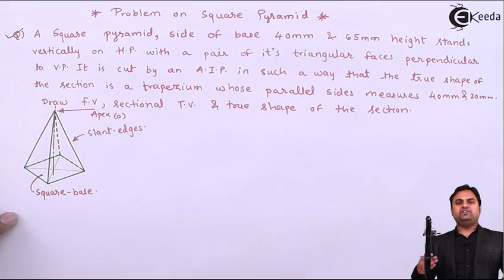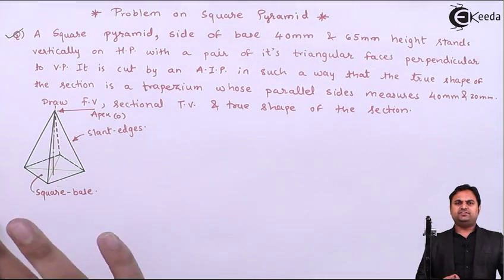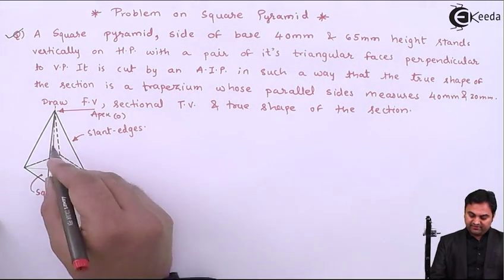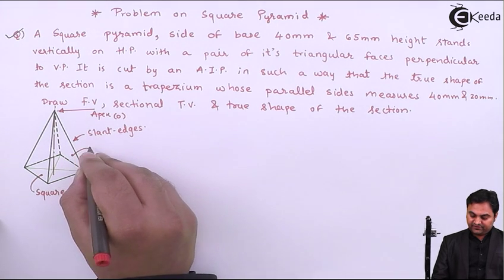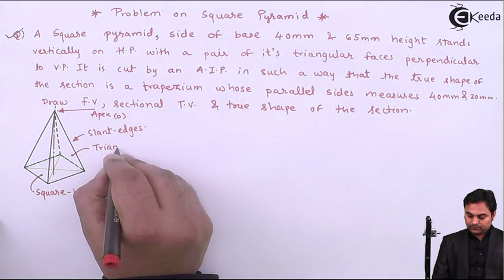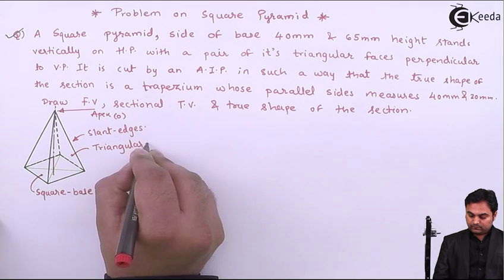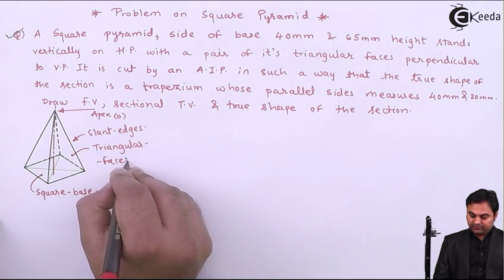And with the help of these slant edges, since it is a square pyramid, we are having 4 triangular faces. So these are the triangular faces.